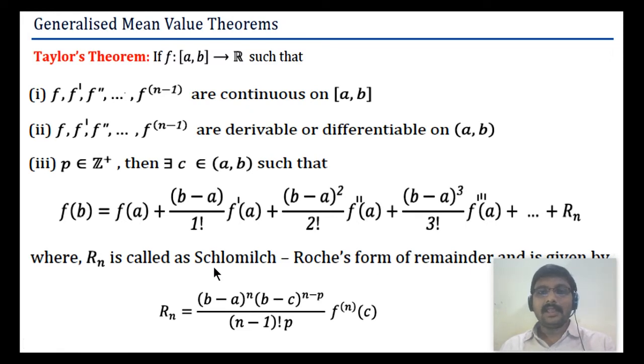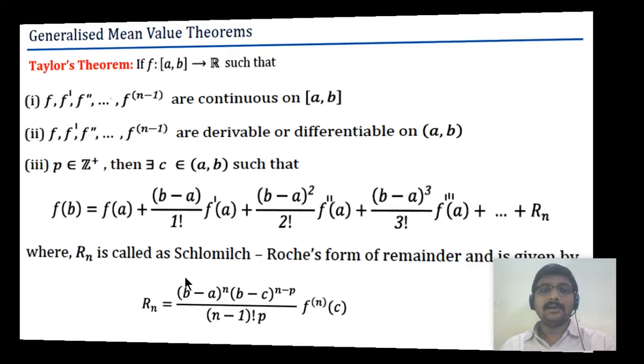Now we can define other remainders also. To get Lagrange's form of remainder and Cauchy's form of remainder, we have to replace the value of p. Putting p equal to n in this Schlömilch-Roche's form of remainder, we will get Lagrange's form of remainder. Putting p equal to 1, we will get Cauchy's form of remainder.